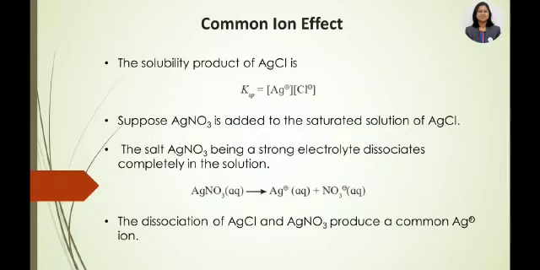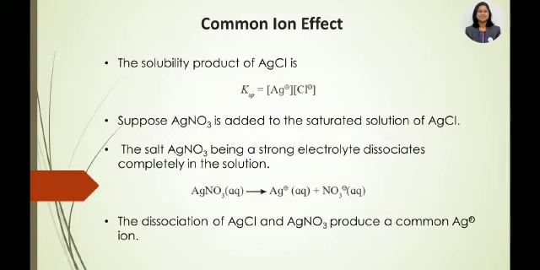The salt AgNO3, being a strong electrolyte, dissociates completely in the solution. So AgNO3 gives you Ag+ ions plus NO3- ions.